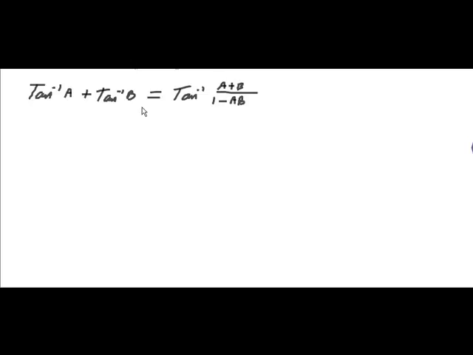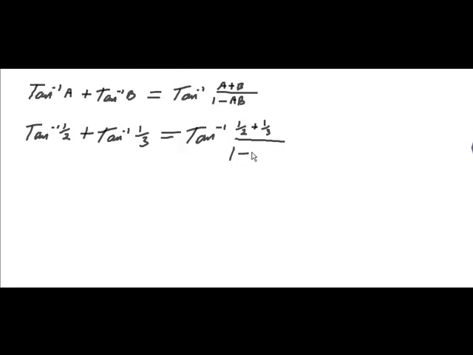So that's the formula we're going to use, and we're going to look at an example here in particular of tan inverse of a half plus tan inverse of a third, for example. If you work out your formula for those two, you get tan inverse of a half plus 1/3 over 1 minus a half by 1/3, which is the inverse tan.